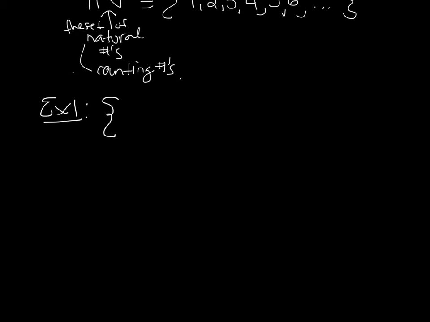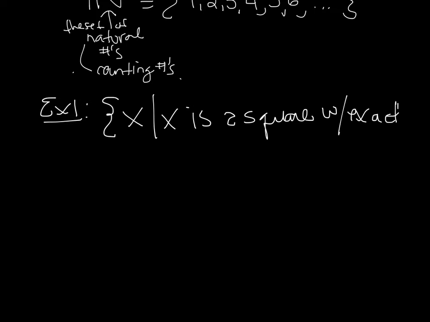Here's my set, and I'm going to say X such that X is a square with exactly 3 sides. This is set builder notation.